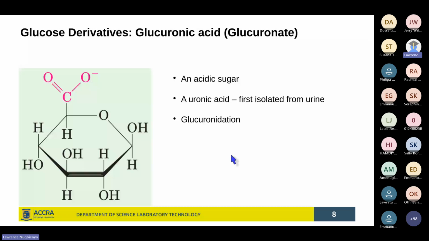And so in order for them to become soluble in water and be excreted mostly out of urine, glucuronic acid binds onto these substances so that they can be easily moved out of the body in aqueous media, mostly in the form of urine. So that process is what we refer to as glucuronidation. So glucuronic acid has such a major function in the metabolism of drugs in the body.